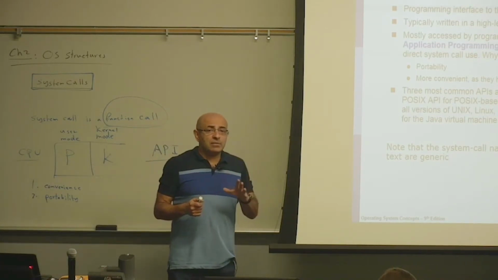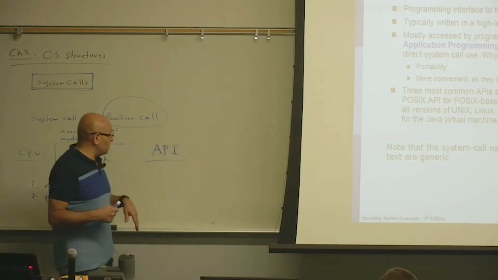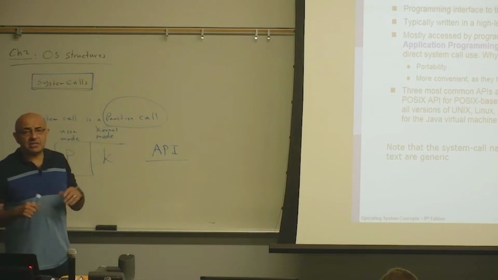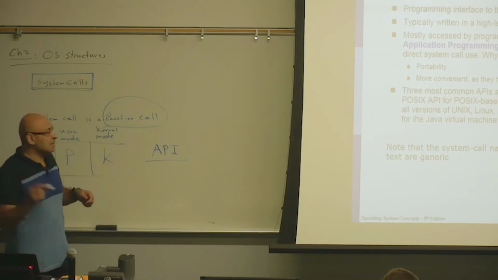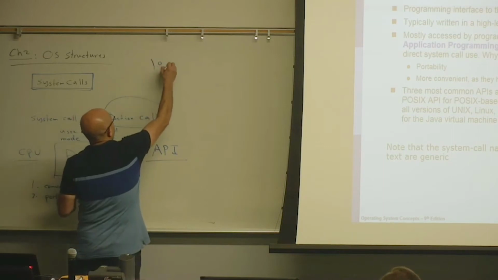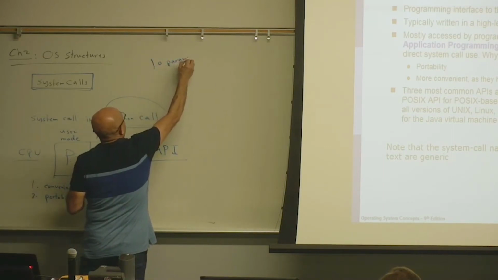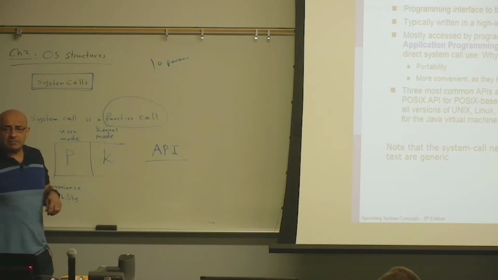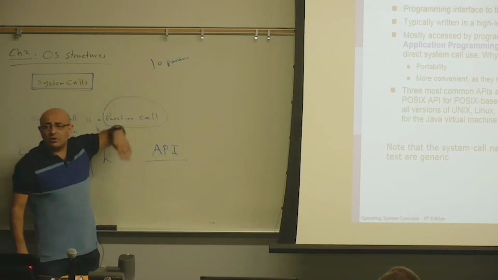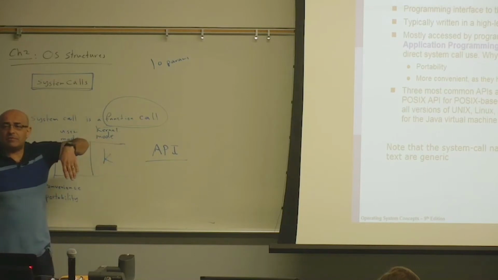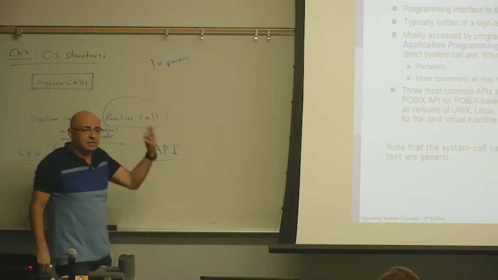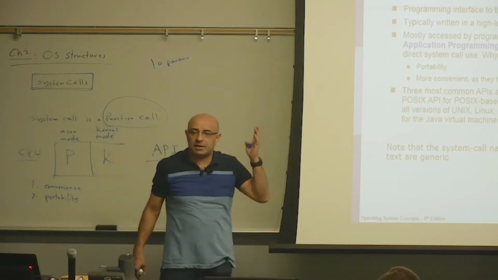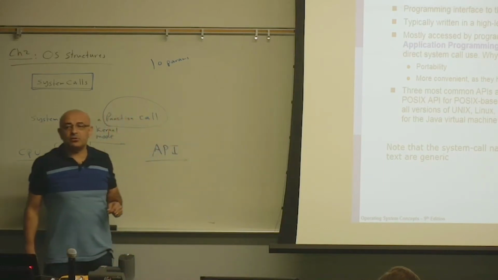APIs are usually more user-friendly. They are easier to use because a system call may have many parameters, like 10 parameters. And some of these parameters may not be interesting for the user because usually all users are going to set these parameters to the default values. There are certain default values that 99% of the time are the settings that you want.